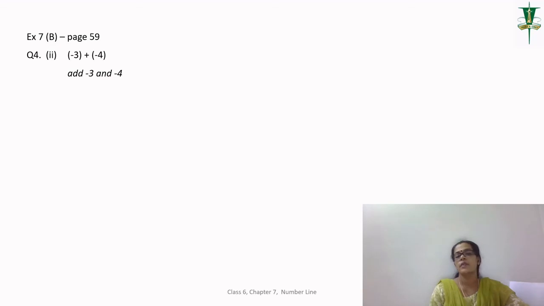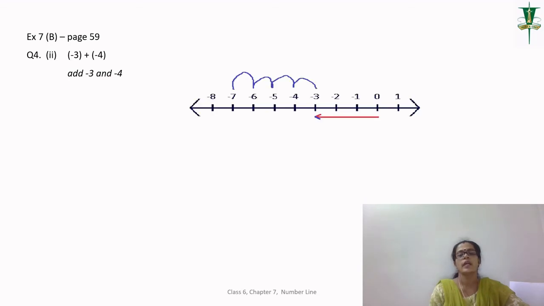Yet another example for addition on the number line. Let's take minus 3 plus of minus 4, which means adding minus 3 and minus 4. Let's draw a number line. Then from 0, go to the first given number in the question. First given number in the question is minus 3. From 0, we have to go to minus 3. From minus 3, you must travel in the direction indicated by the sign of the second number.